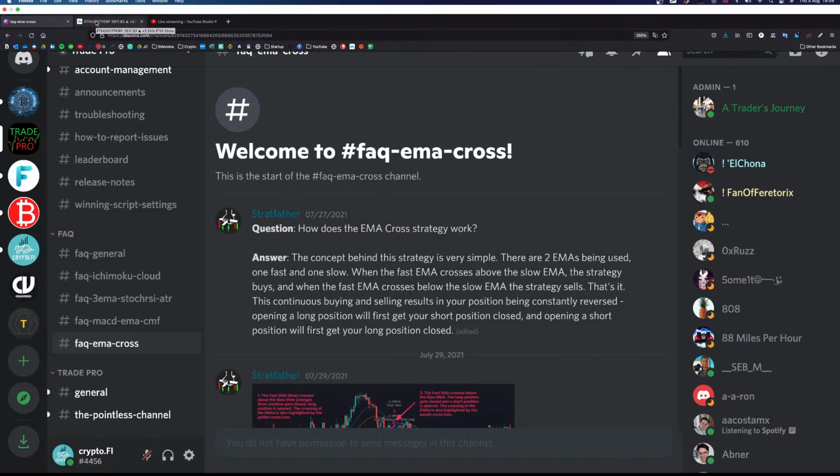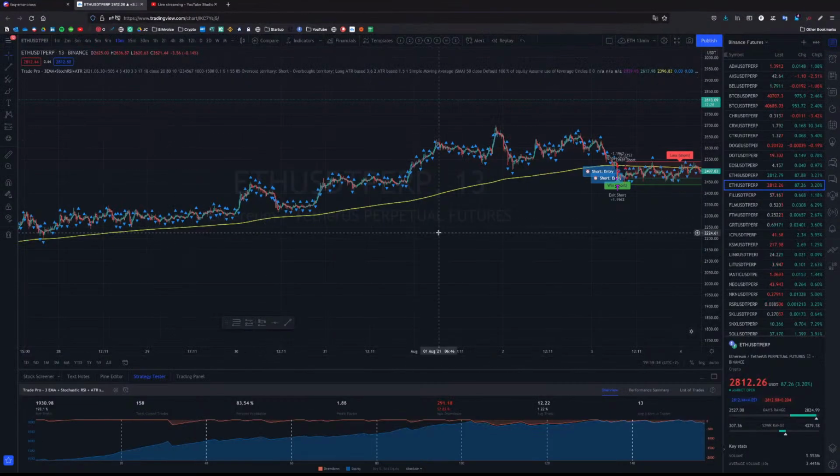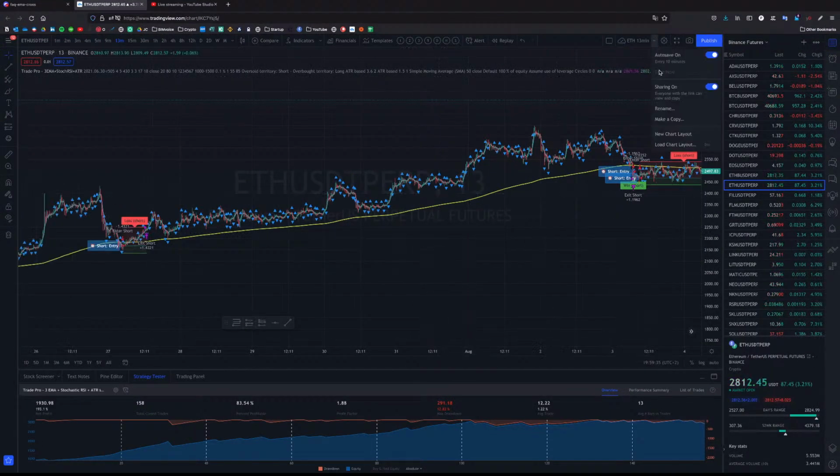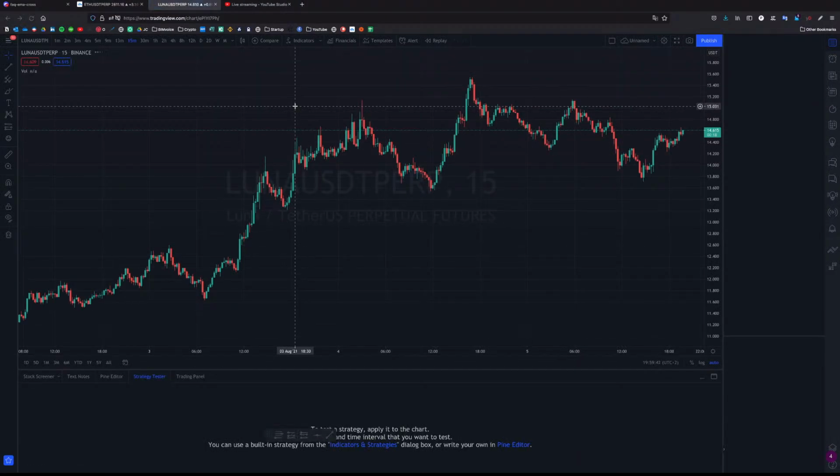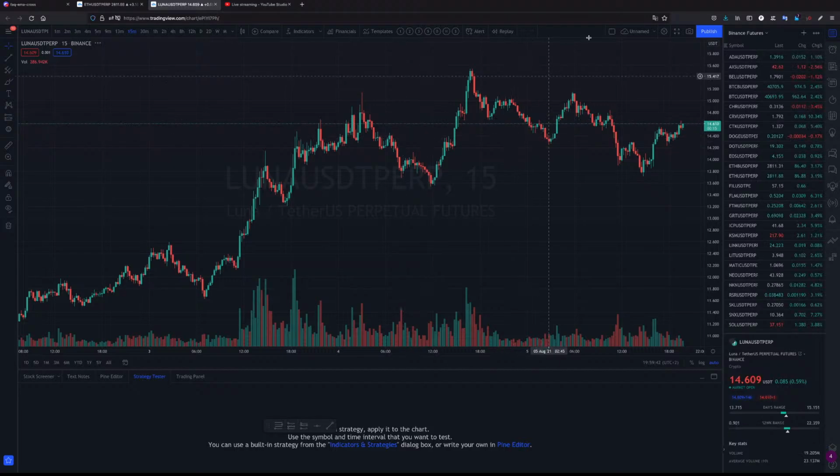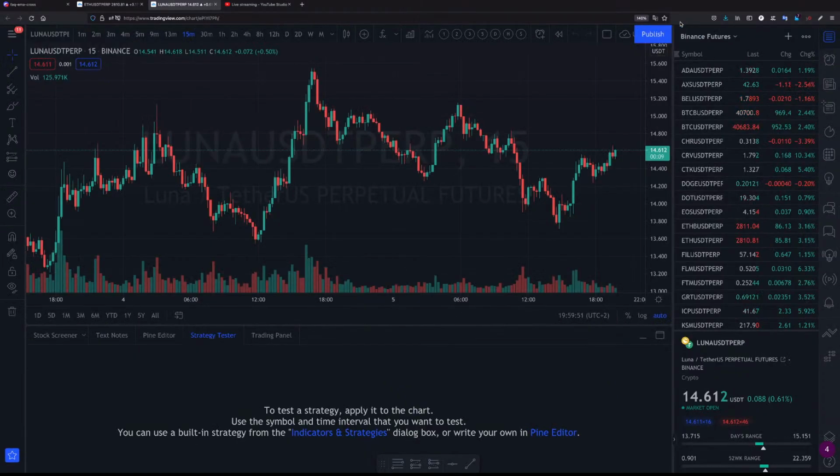All right. Let's create a new chart. New chart layout. And let's zoom in a little bit so it will be easier for you to see.